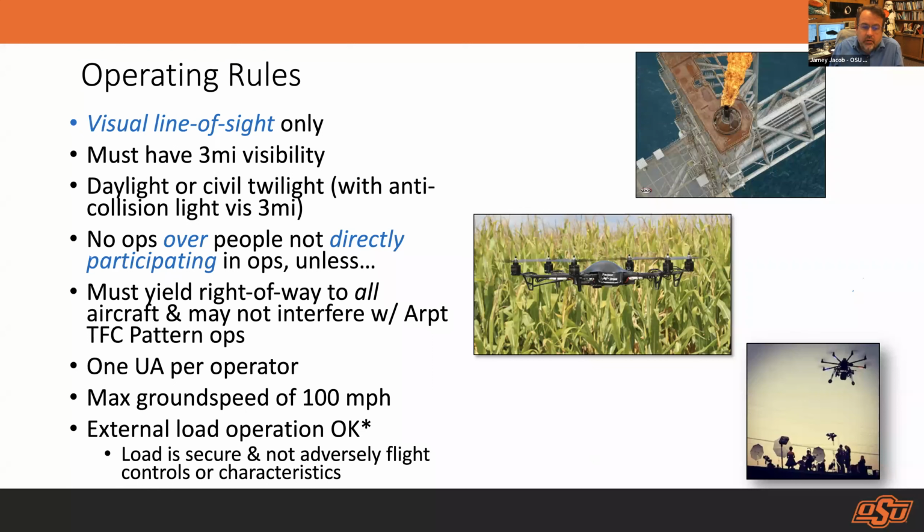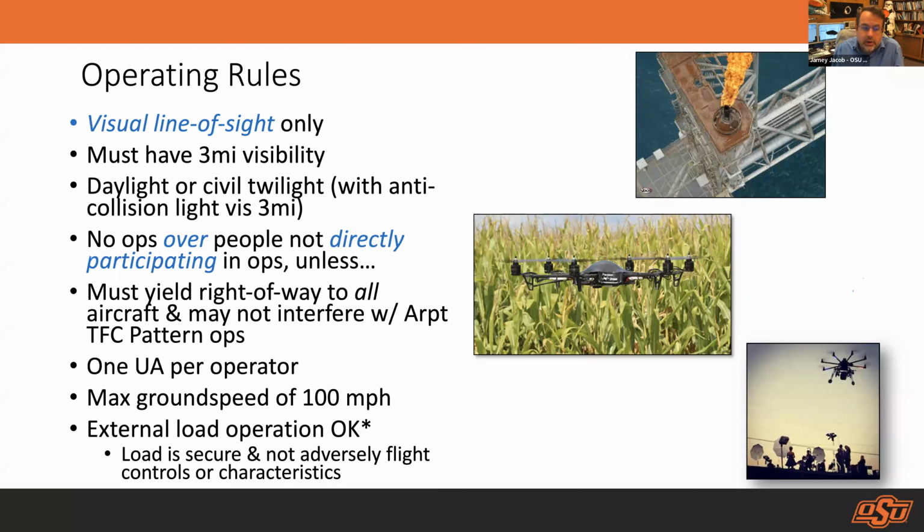And you must yield right of way to all aircraft operating within the airspace. And you cannot interfere with airport traffic flight control patterns. So you don't want to be operating near an airport where aircraft are coming in and landing, because that's really the most dangerous portion of the aircraft flight.